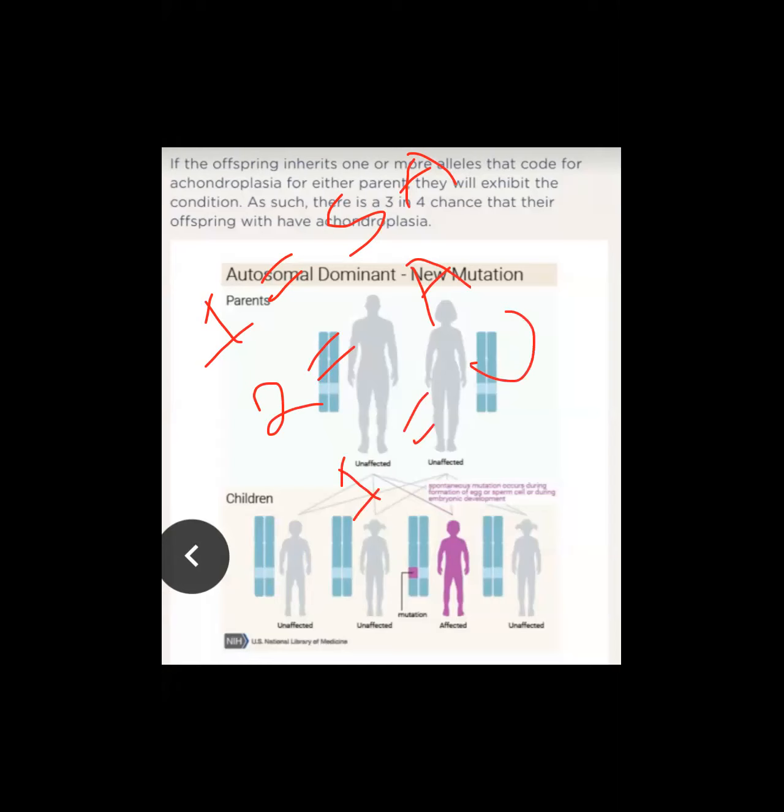One child means 1 by 4, this is a 1 by 2 chance, and this is a 1 by 4 chance. So this is the inheritance of an autosomal dominant condition. If both the parents are affected, then there is a 1/4 chance that they will have a normal child.